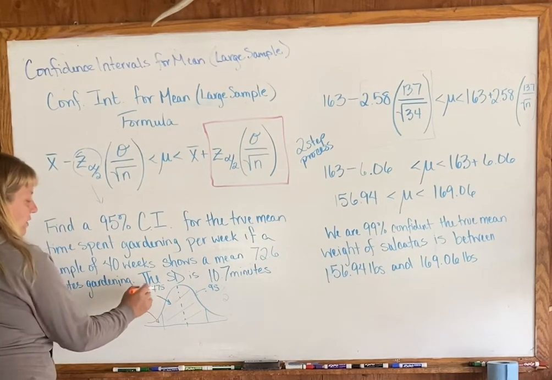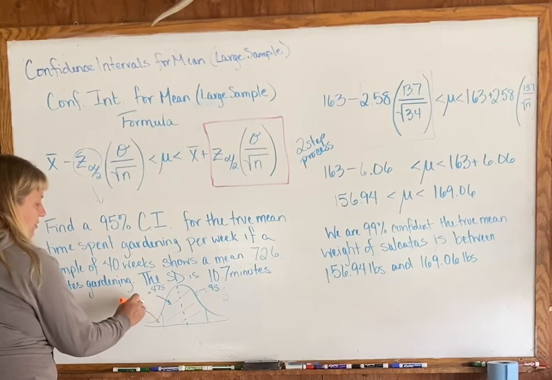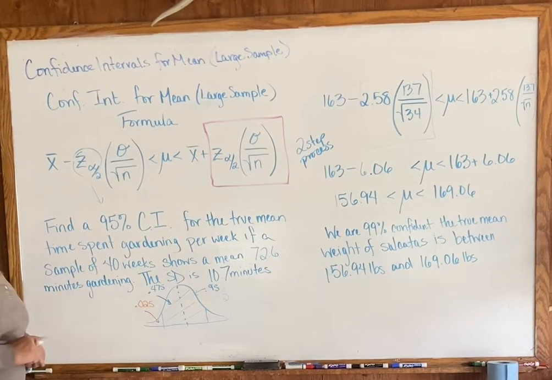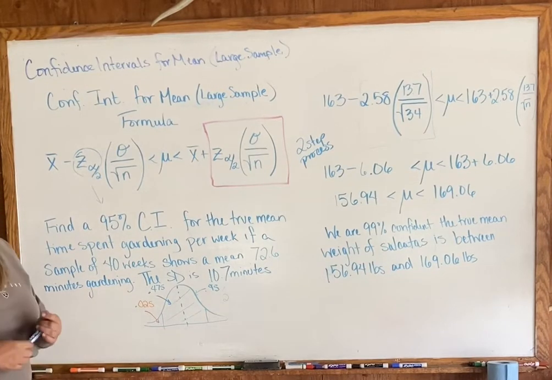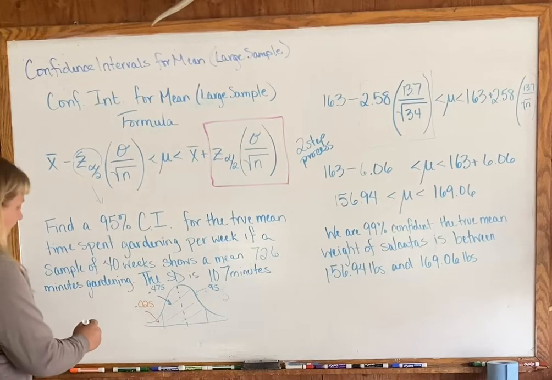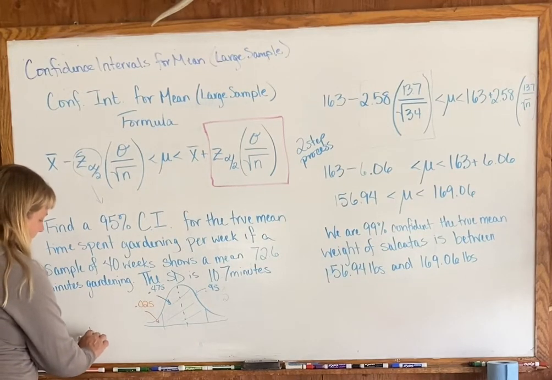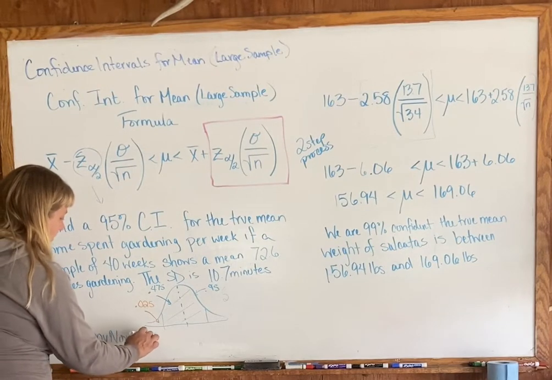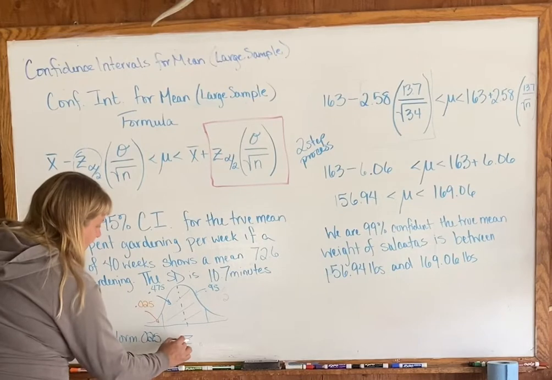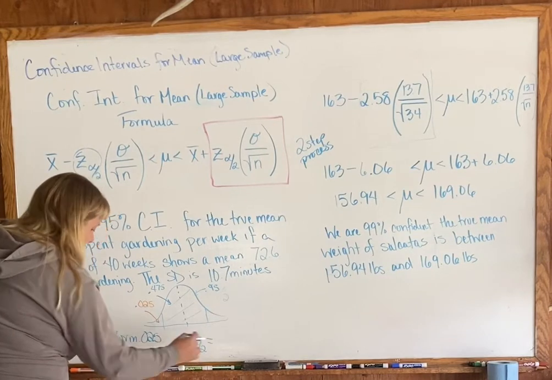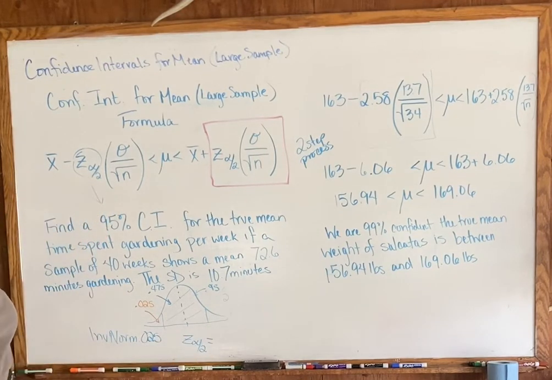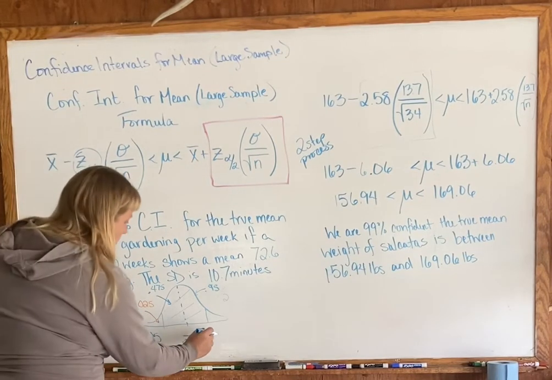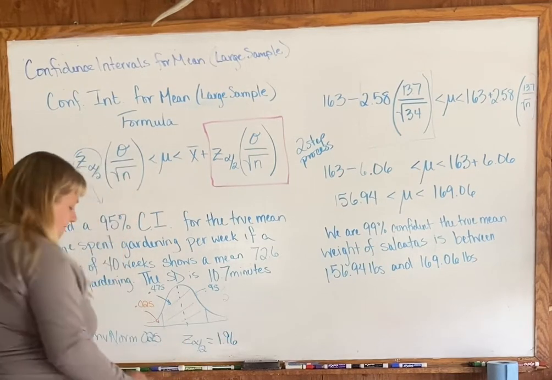So if that is 0.475, this will be 0.025 using the complement there. All right, and then that's what we're going to stick into our calculator with our inverse norm. So we're going to go inverse norm 0.025, which should give us a z sub alpha over 2 equal to, and what did you get when you plug that into your calculator? Hopefully you got 1.96.